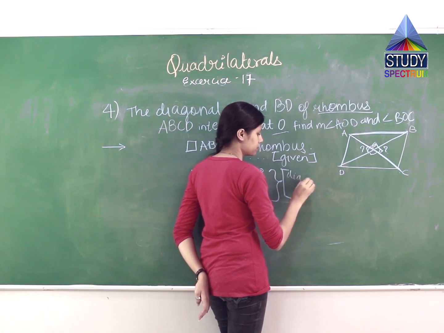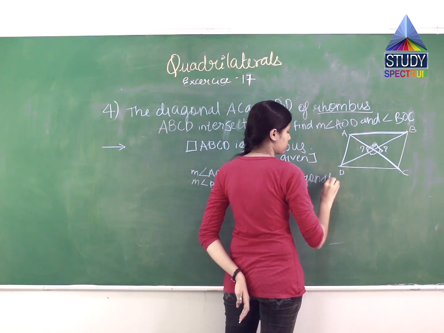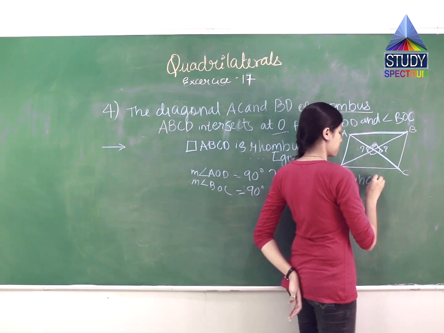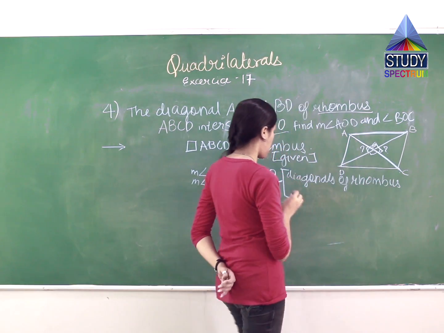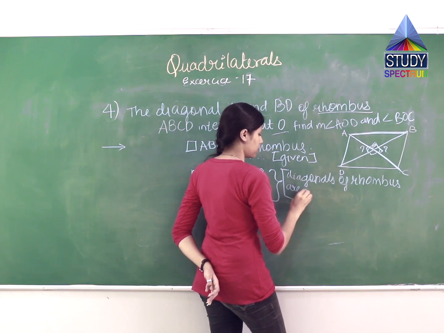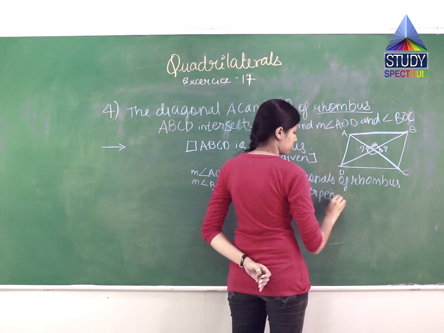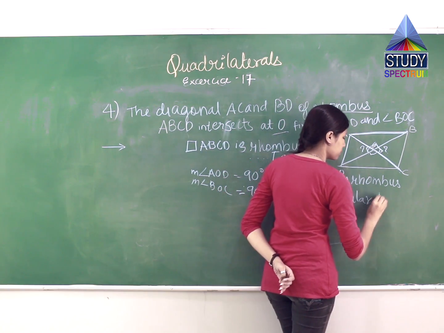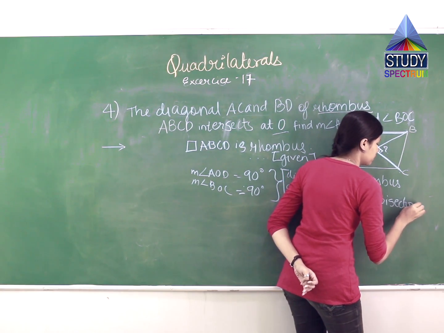Diagonals of rhombus are perpendicular bisectors.